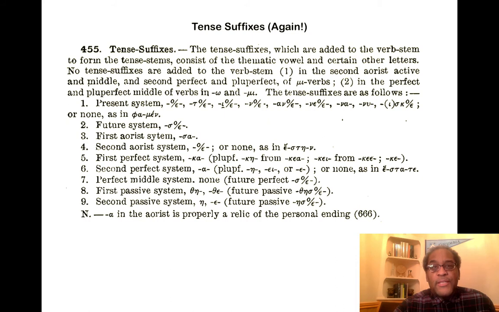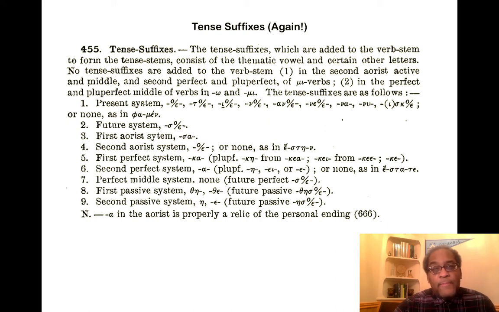So let's look once again at Smyth's display of tense suffixes at 455, because this chart is the best for just getting an overview of the entire verb system and what actually makes the verb stems stand out. So again, the tense suffixes, which are added to the verb stem to form the tense stems, consist of the thematic vowel and certain other letters.